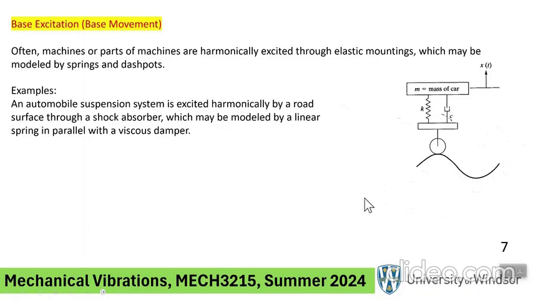That's what we mean by base motion. So the mass is attached to a spring and a damper, and the spring and the damper are attached to another, let's say, base, and it's the base that's moving, and that causes the mass to oscillate.